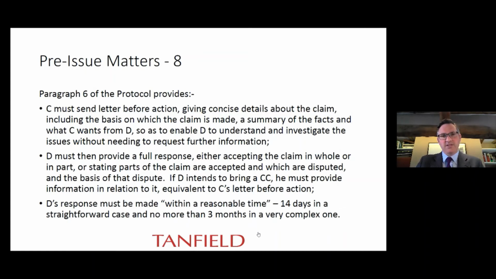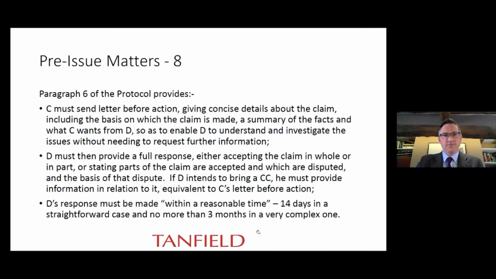Very often it is useful to send copies of documents which the claimant intends to rely on in any proceedings with the pre-action protocol letter, so that the defendant has all the information he needs to respond.